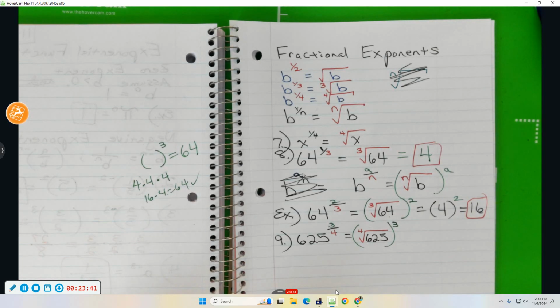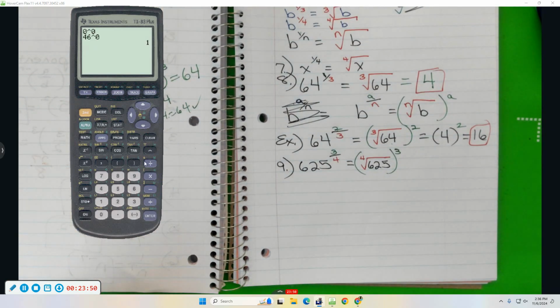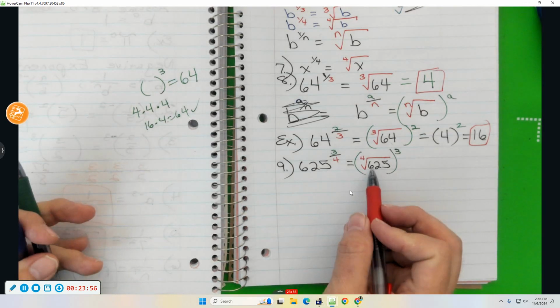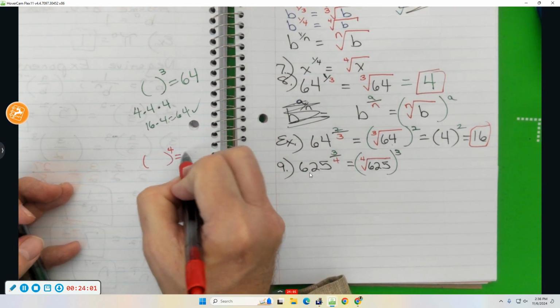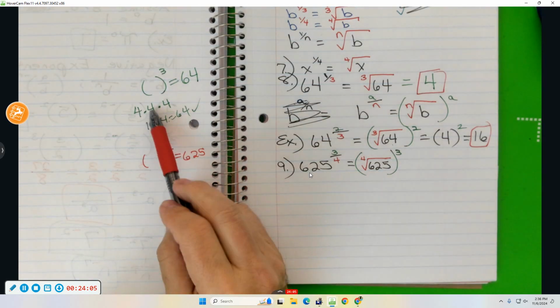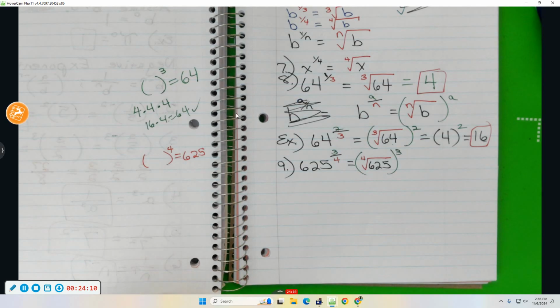What's the 4th root of 625? What times what times what times what equals 625? Okay. We want to know, here's what we're asking ourselves. What number to the 4th power equals 625? I know one thing, it's got to be bigger than 4. Well, 4 to the 4th is 256.